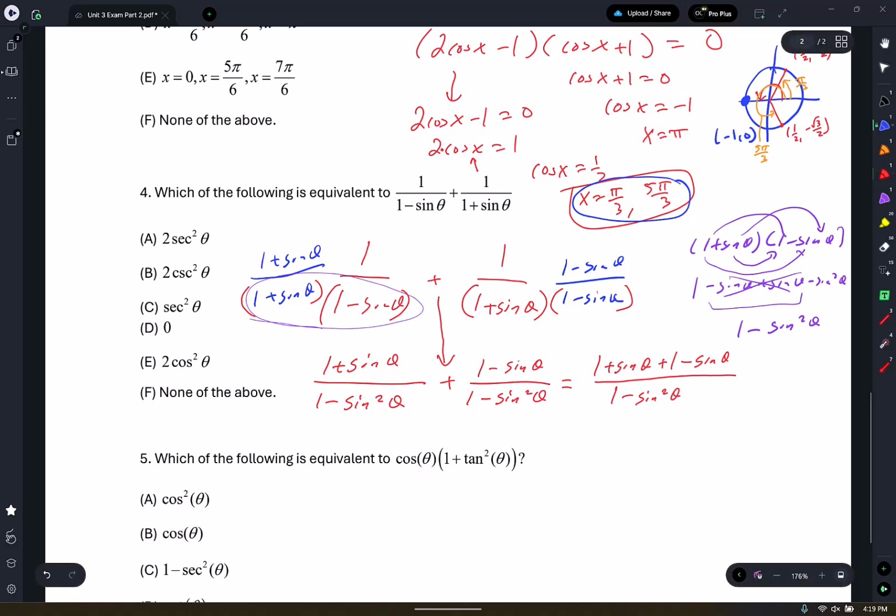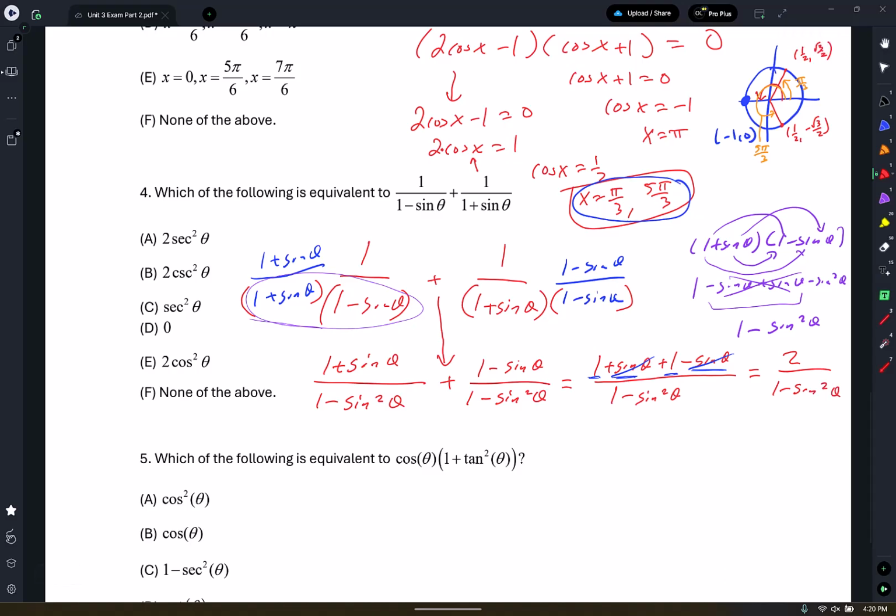Now check it out, guys. I have a positive sine theta in the numerator and a negative sine theta. What's going to happen to those two? Bam. What is 1 plus 1? So I have 2 over 1 minus sine squared theta.